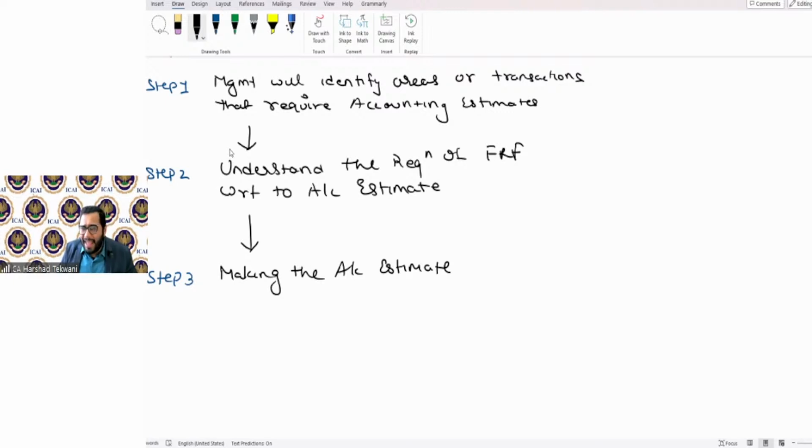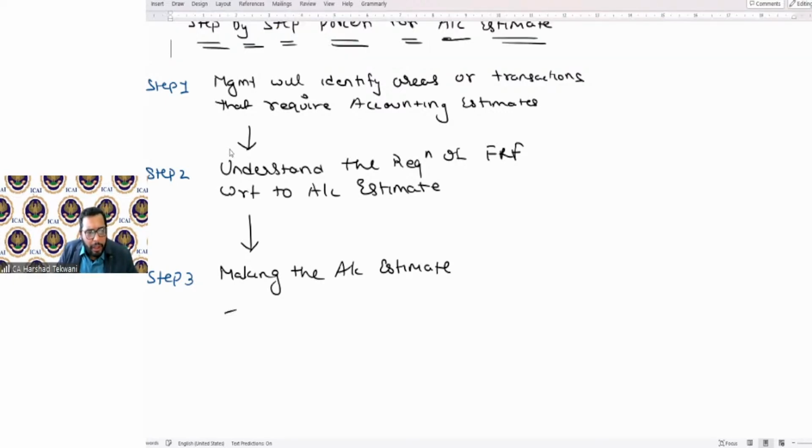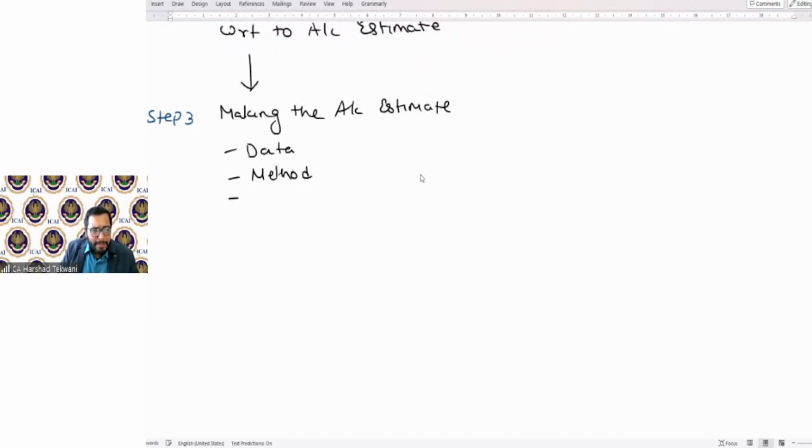And while making the estimate, management will refer to the data that they have collected for the estimate. They will adopt some method to make the estimate. They will take some assumptions for the estimate. They might require an expert for the estimate.